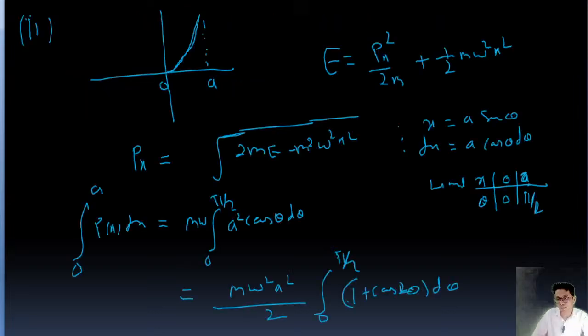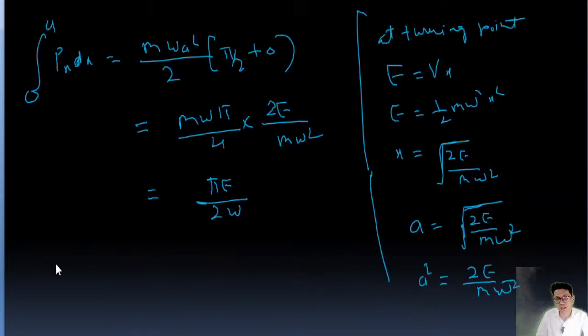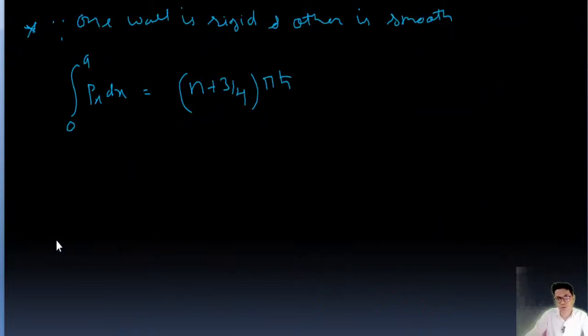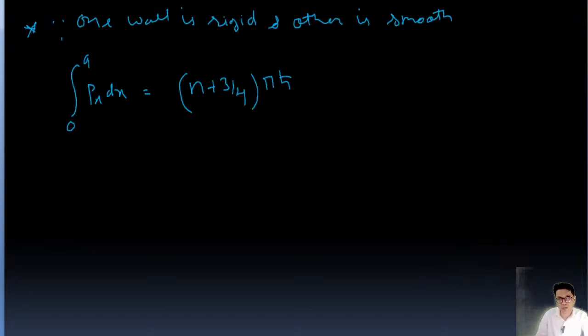I have already explained this one: if one wall is rigid and the other is smooth, then this value is n plus 3 by 4 pi h cut, because here n is starting with 0.